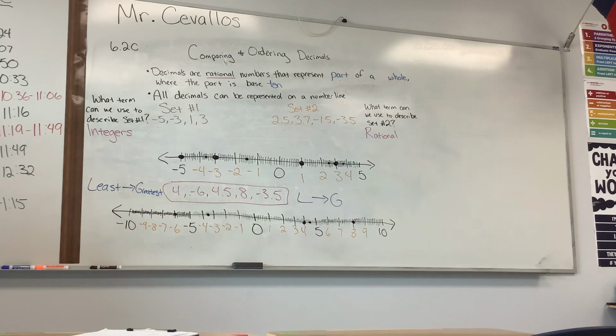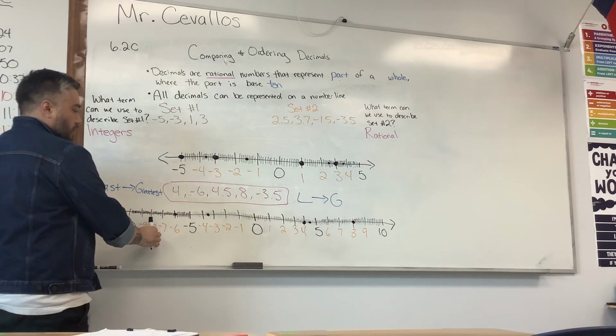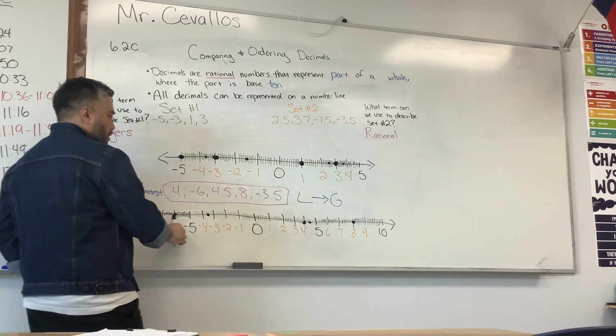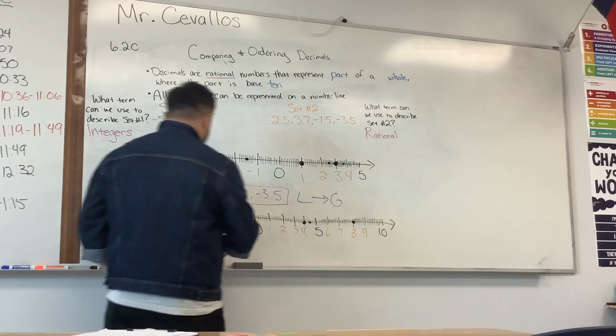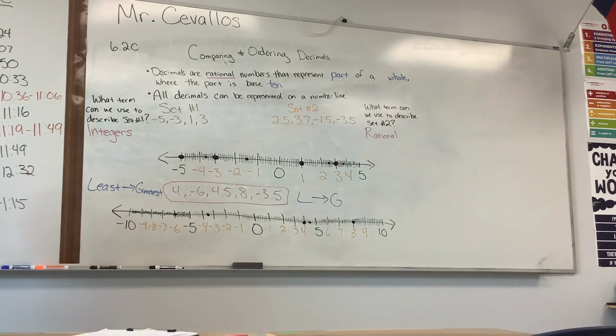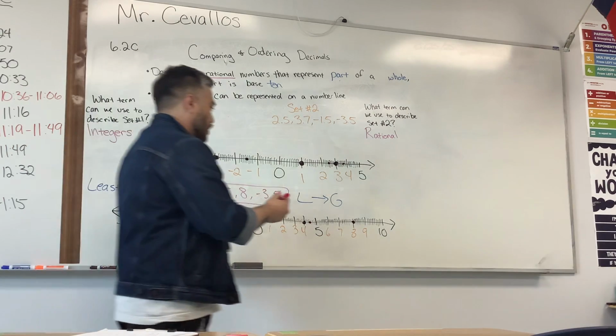Then when we talk about from least to greatest, we go from the number furthest to the left of the 0 to the number furthest to the right of the 0. So if we have to rewrite this from least to greatest, okay? The number that represents the least value, or that's furthest away from 0 on the left, is going to be negative 6.